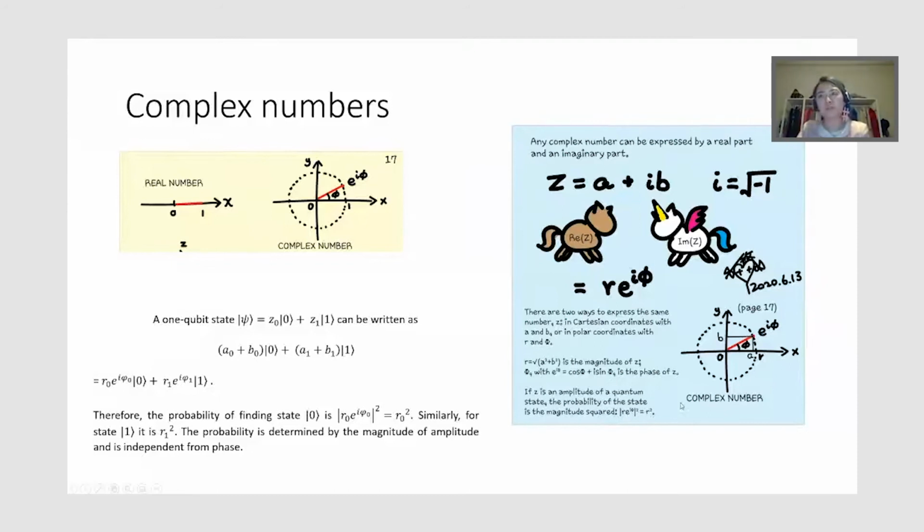So basically, if you have any amplitude, which can be your quantum state, then its probability is just the magnitude squared. You don't have to use polar coordinates to calculate this. You can also just use a and b and see that r is always positive, and squaring that, you get a positive number. So probability can never be a negative number.